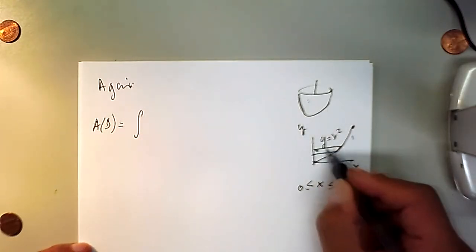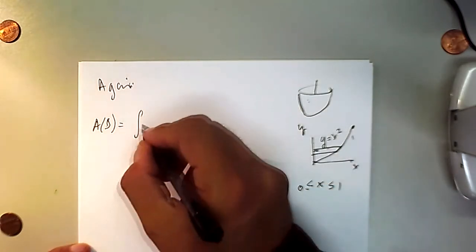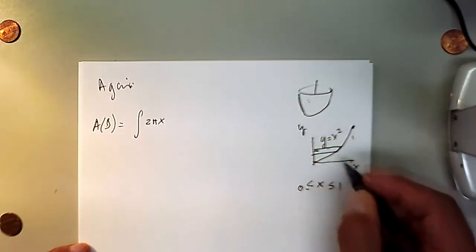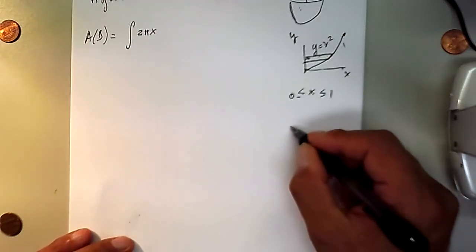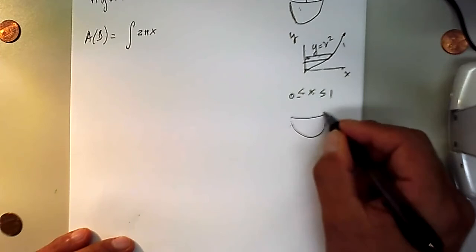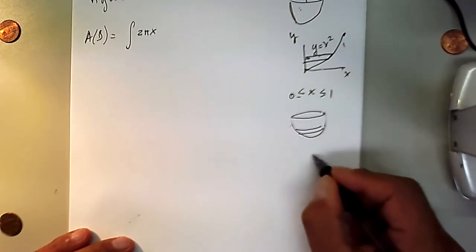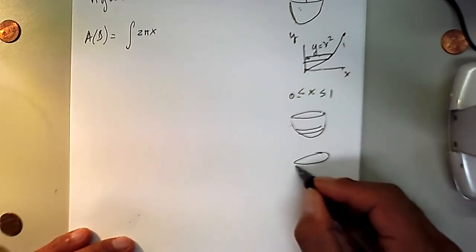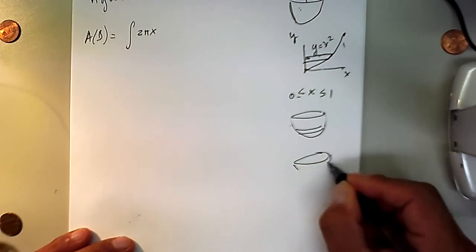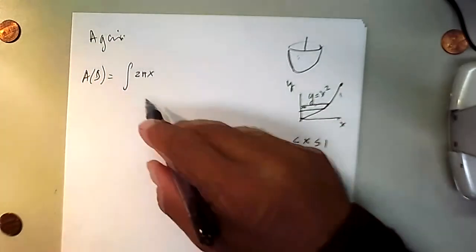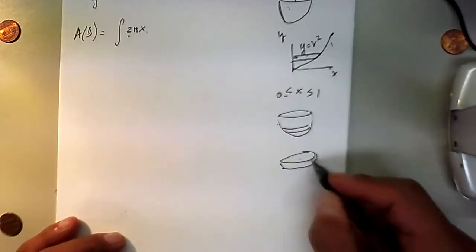This distance is x, so 2 pi x accounts for going around. Remember how we did this in calc 2? We split this into strips. So we have bands that kind of look like this. They go around 2 pi the radius, but the radius is x in this case, and so that accounts for the length of this.